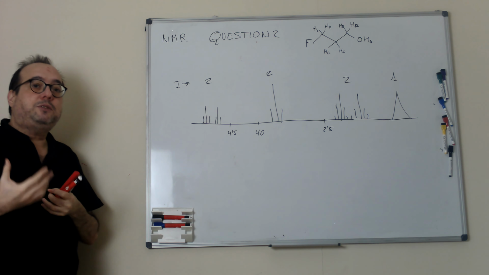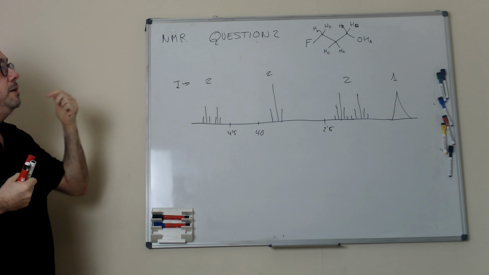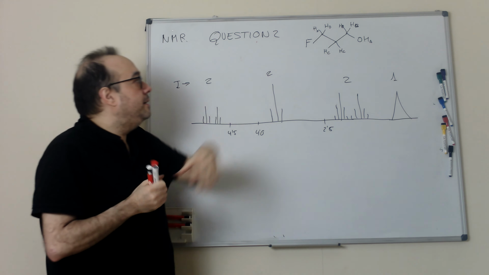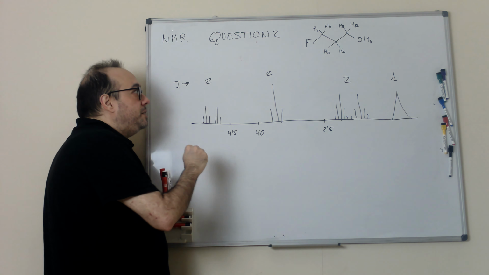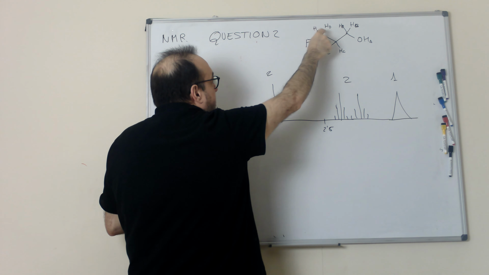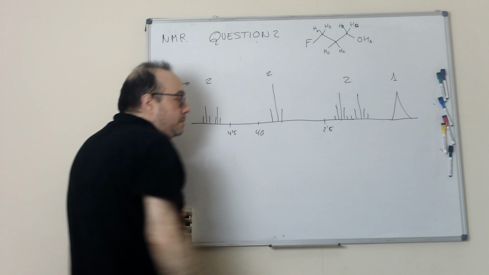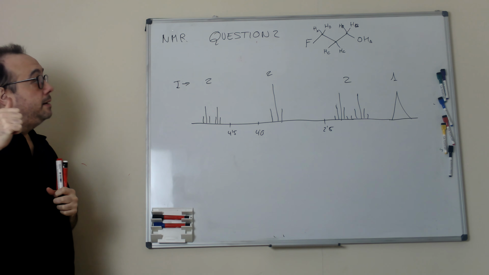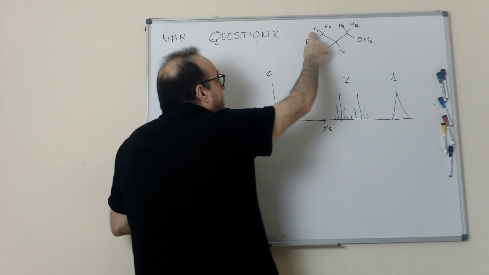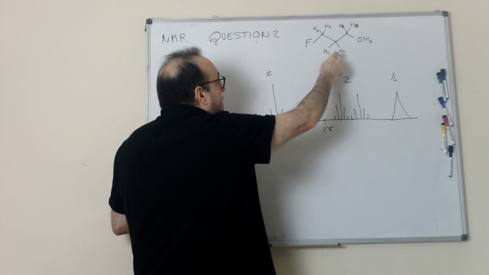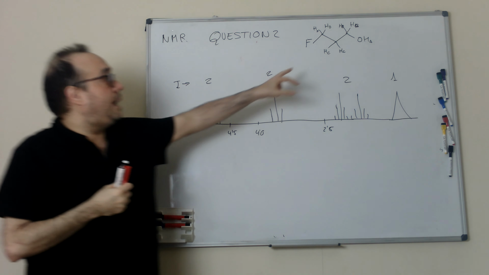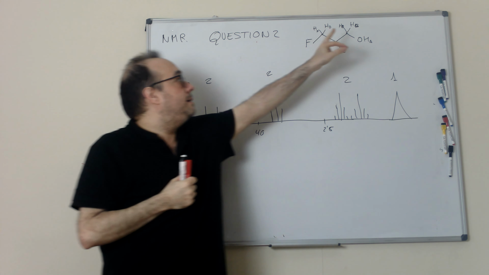The first thing is to try to identify which protons we have in our compound. If we analyze this, we have 4 different protons. These we will call Hd, the 2 hydrogens on this carbon, and both are equivalent, so they will give exactly the same signal. Then we have these 2 hydrogens, Hc, that also will be equivalent.